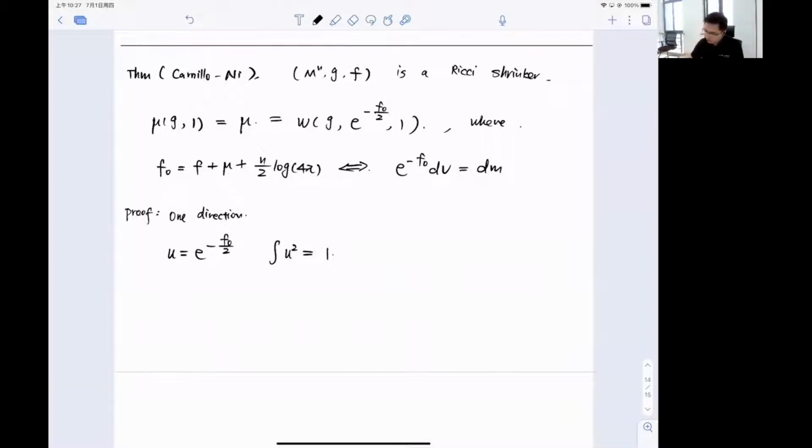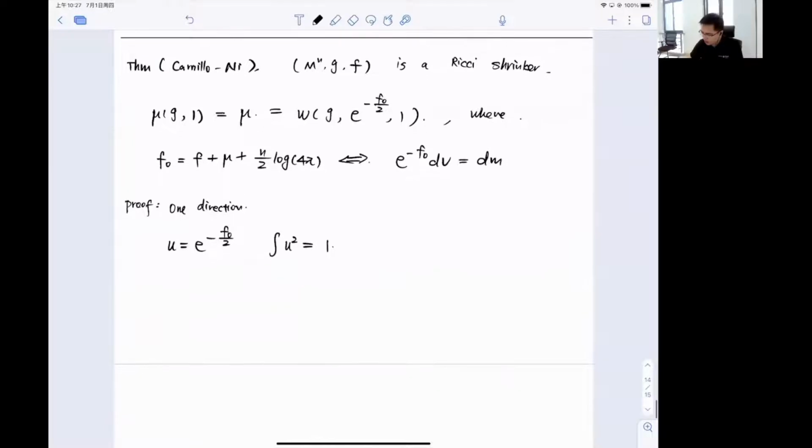Now we compute the W entropy for this choice of u, that is, W g u 1 is just W g e to the negative f0 over 2, 1.